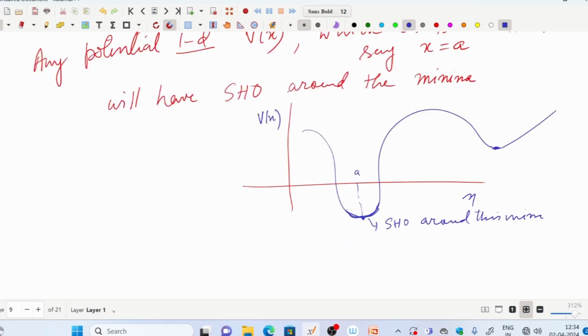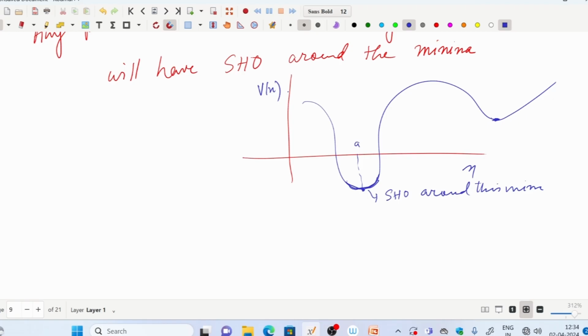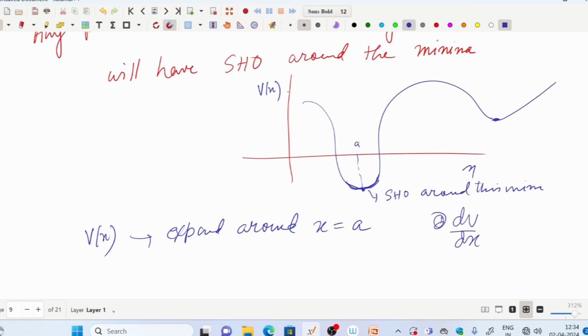Mathematically this can be seen very easily. Suppose you expand this potential around x equal to a, the minima. If x equal to a is a minima, dV/dx at x equal to a should be 0.